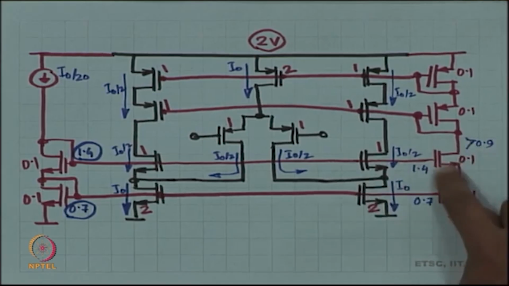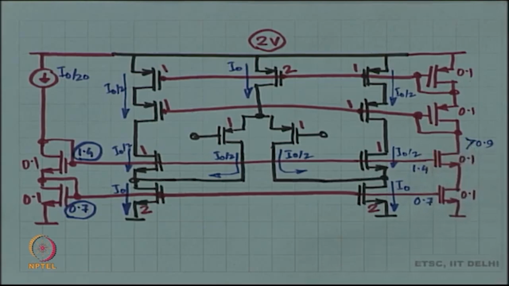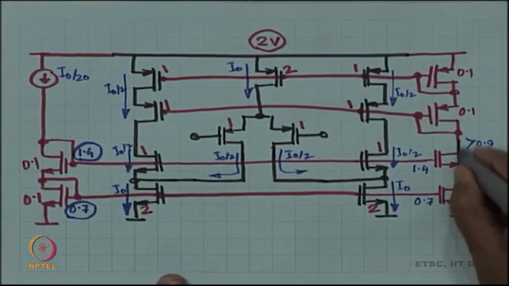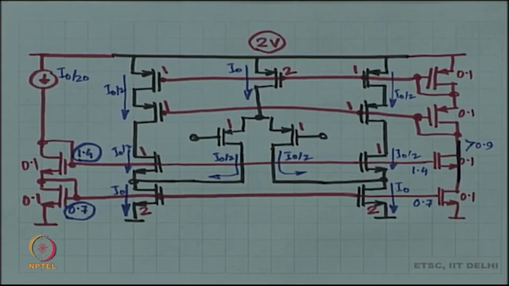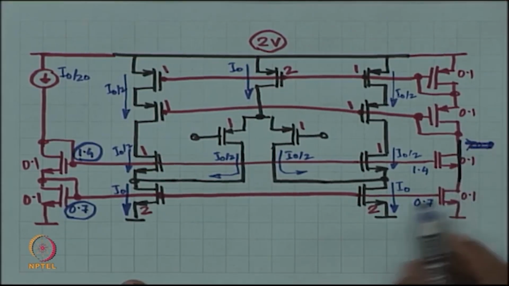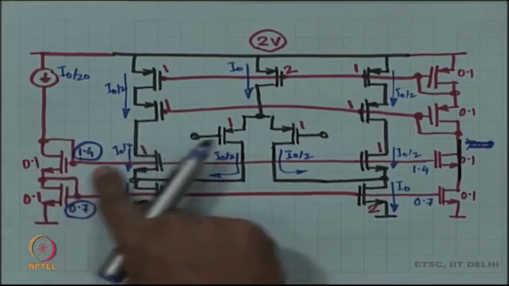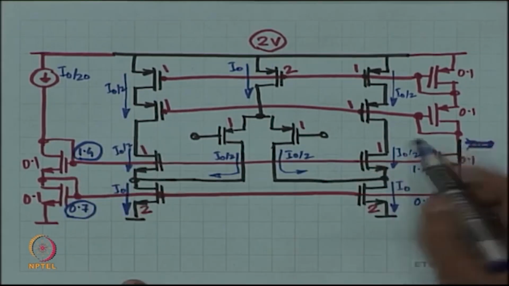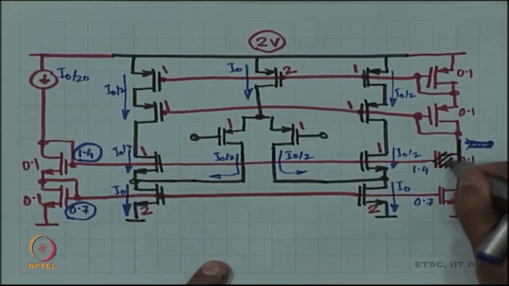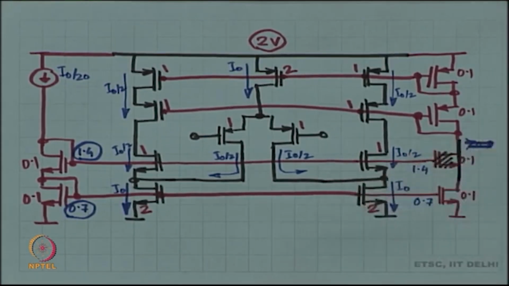Maybe you can skip this device. One possibility is skip this device altogether, you do not really need this device. In which case you do not need to be more than 0.9. This voltage here is being generated from this, right. So, this device is not needed at all, it is just occupying some area and some headroom.